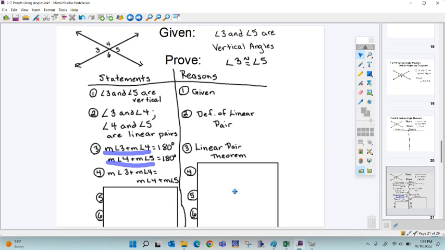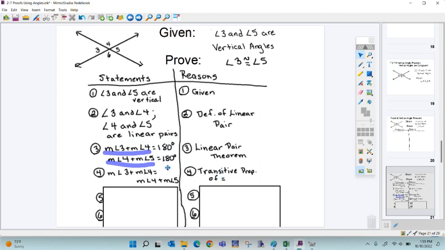Our property that says when you have two things that are equal to the same thing is called the transitive property. Transitive property of equality because we did it for equals. All right, so from here, notice that we have angle 4 on both sides of the equation.